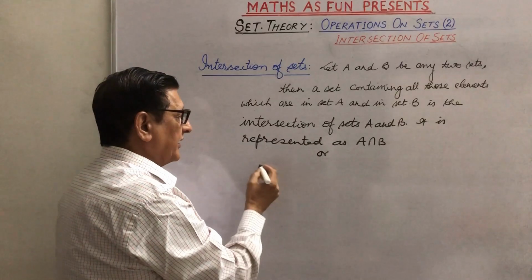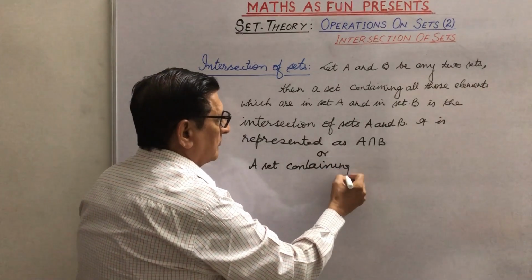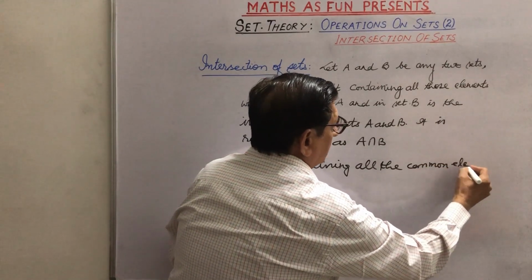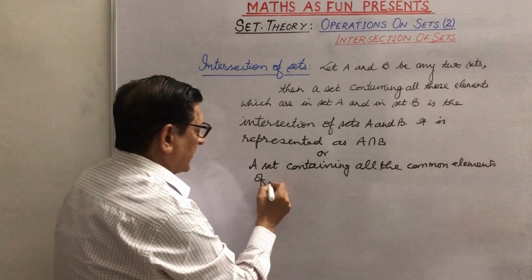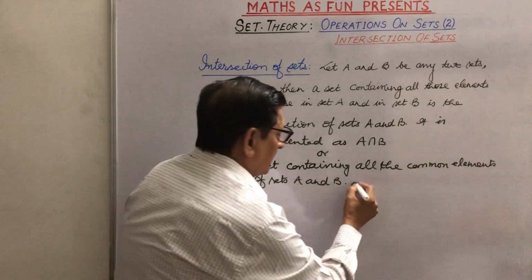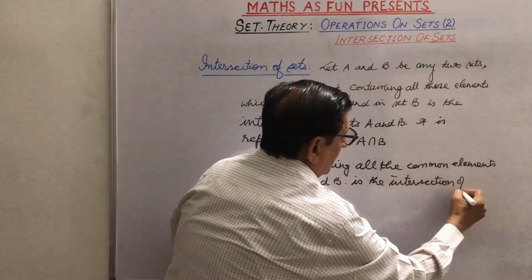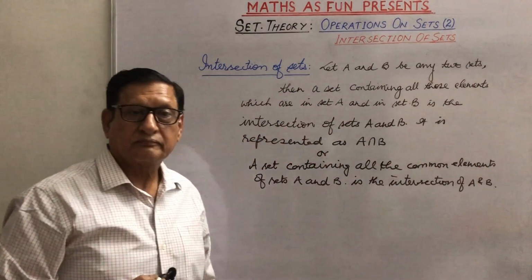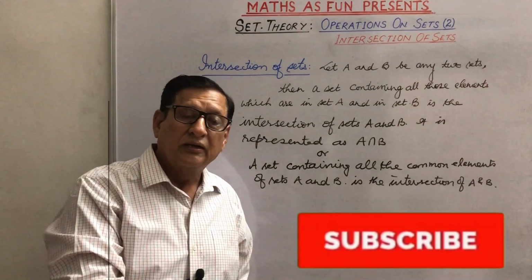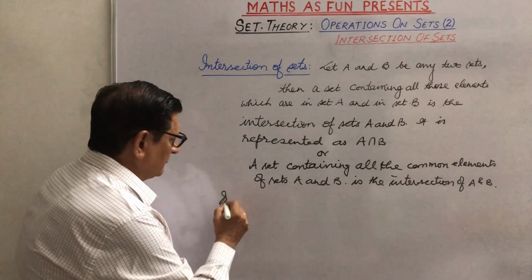So we can also define it as a set containing all the common elements of sets A and B is the intersection of A and B. So to understand easily we can say all the common elements are lying in this particular set, that is the intersection of the sets.